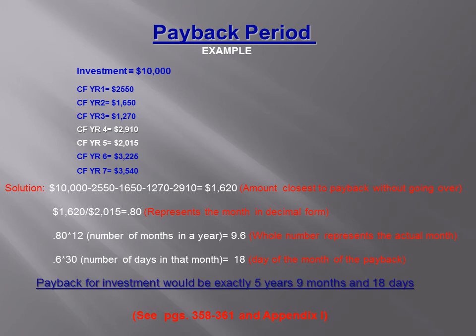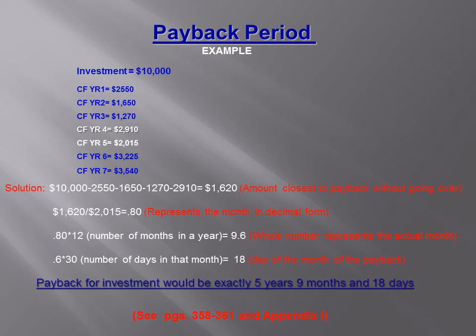Your text stops there. And I'm going to push you a little further, because I want you to tell me exactly when the payback period is. In order to get that, I would have to multiply that decimal of 0.8, because I have no idea what that 0.8 represents, times the number of months in a year. So 0.8 times 12 gives me 9.6.